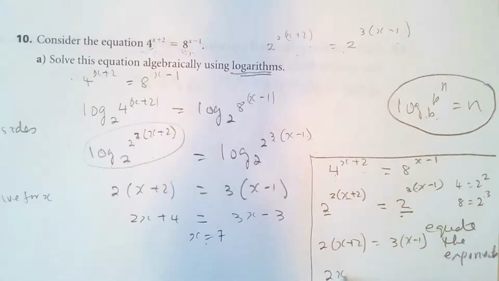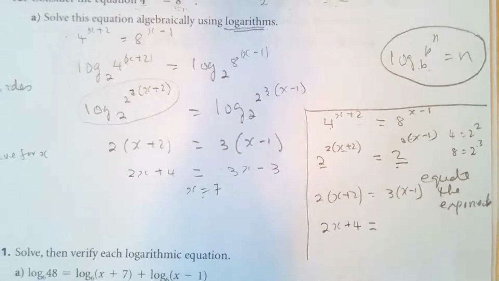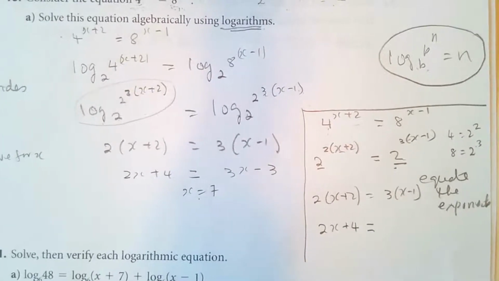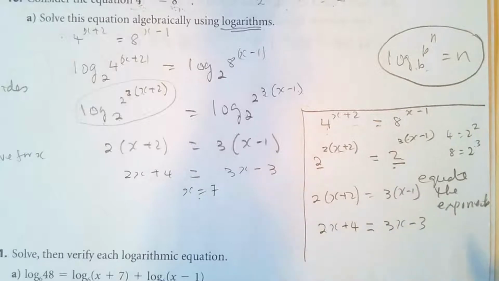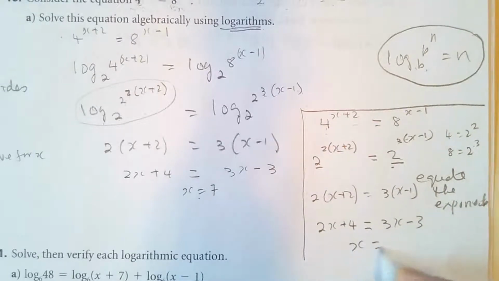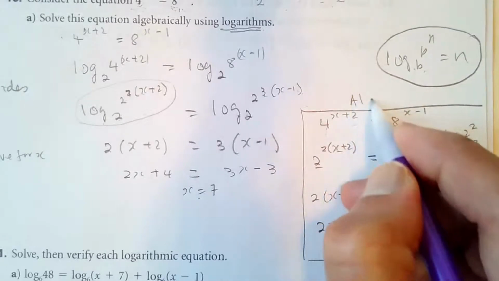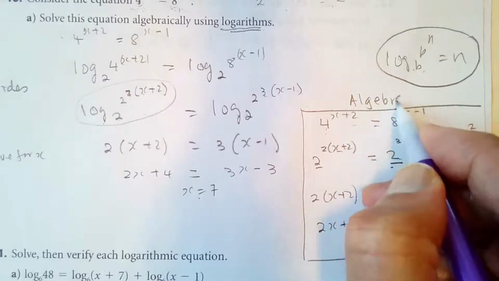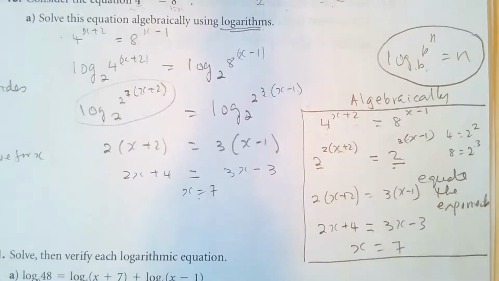So we have 2x plus 4 is equal to 3x minus 3. So we get x is equal to 7. Same solution. So this is algebraically, and this is using logs.